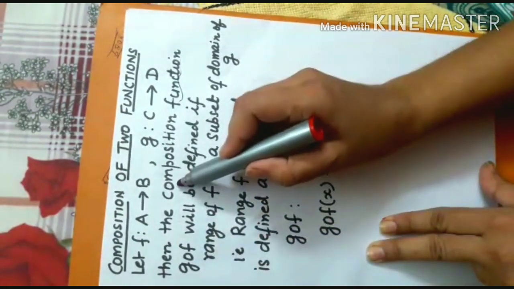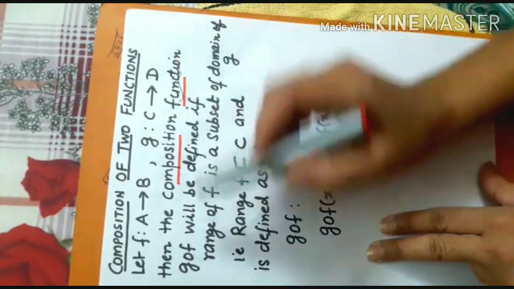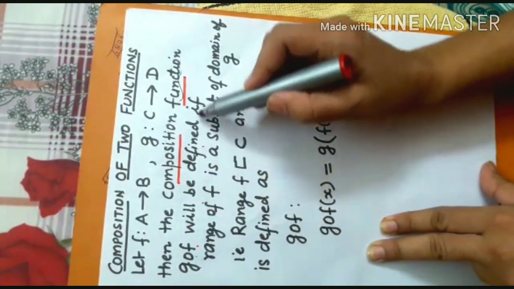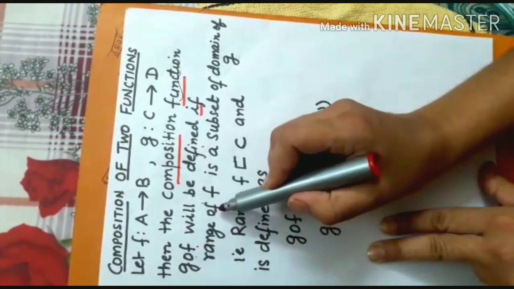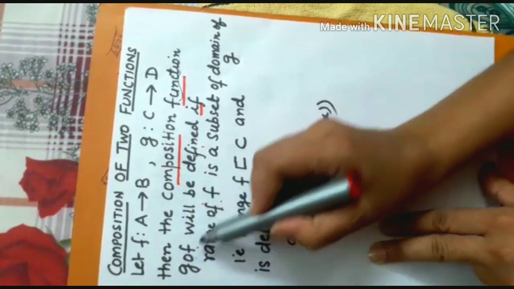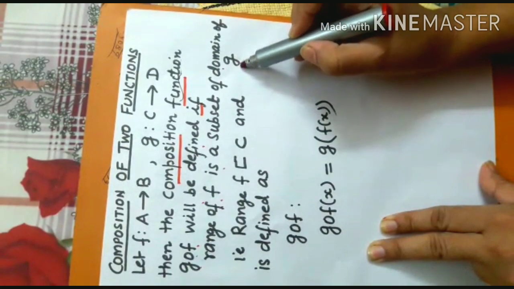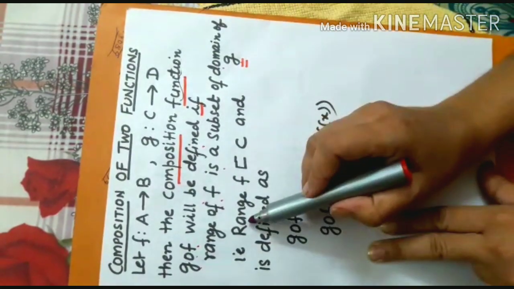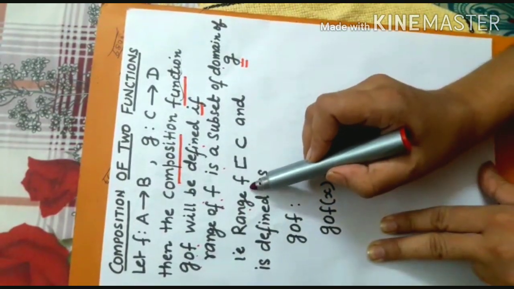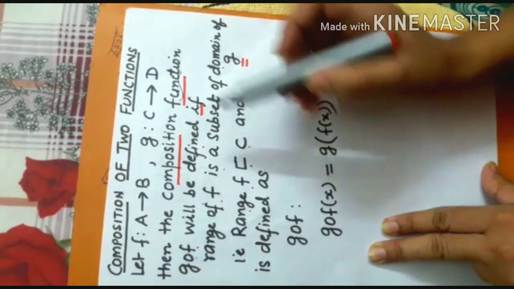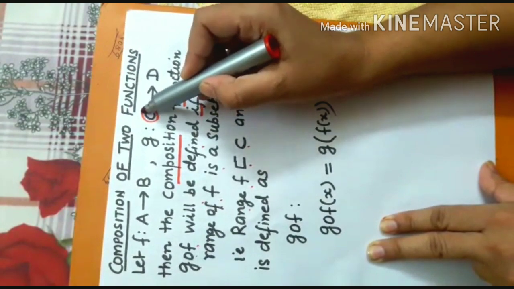Then the composition function gof will be defined if range of f is a subset of domain of g. That is, range of the function f is a subset of domain of g, which is C in this case.